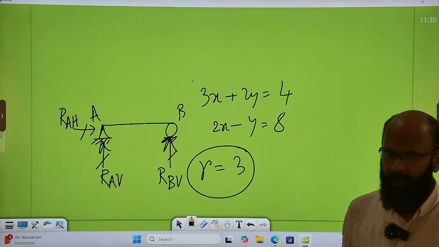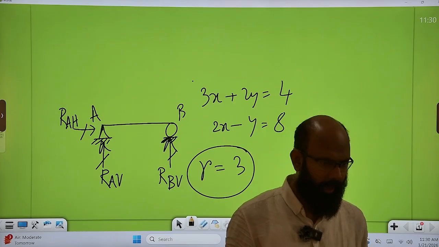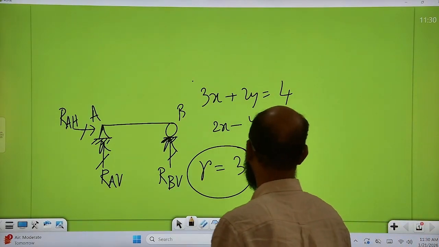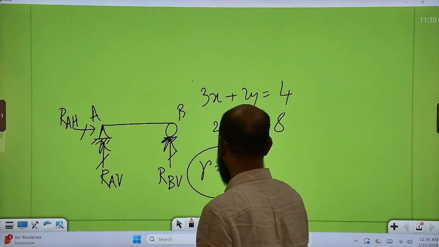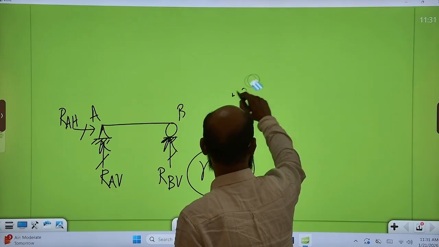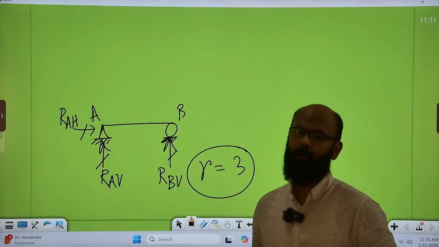So these three unknowns are there. To solve these three unknowns, we have to have three equations. Where from could we get these three equations? We could generate them from the equilibrium conditions.